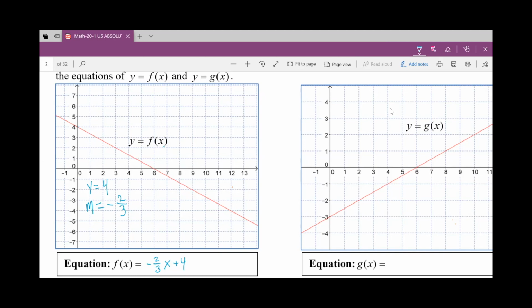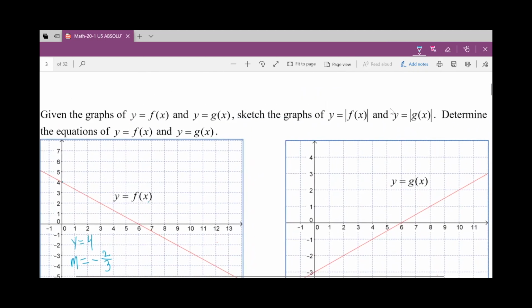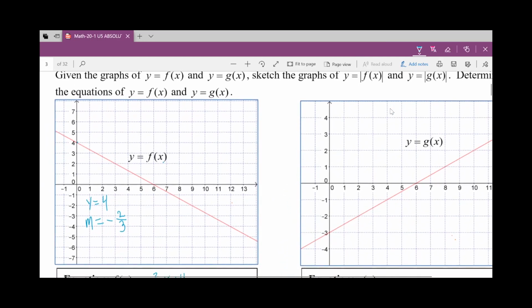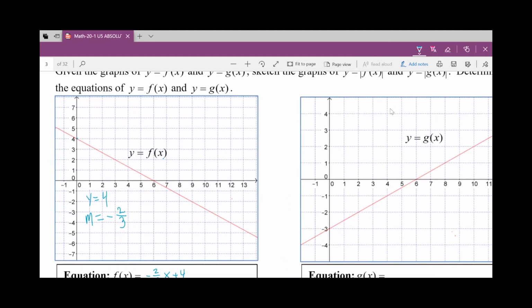Now it wants us to sketch the graph of the absolute value of this. It's not asking us for the piecewise function, but we're going to do that anyway. The absolute value graph is going to look very similar to the original function, but the point where it crosses the x-axis is going to be important, because from here on, moving to the right, wherever the y values are negative, they're going to be reflected about the x-axis.